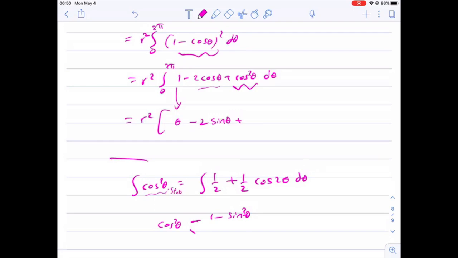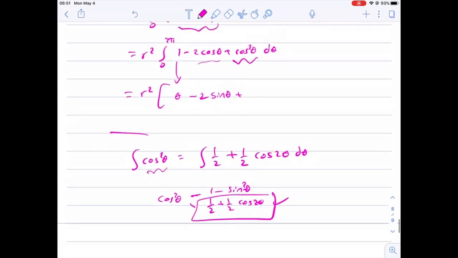For example, if it's multiplied by sine theta, we may use this, or sine squared, or so on. And the other one is 1/2 plus 1/2 cosine 2 theta. If we only have cosine squared inside the integral, we use this formula.